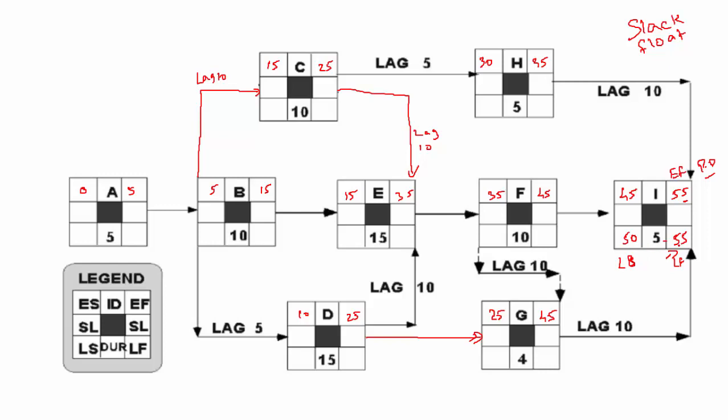Because the project is finishing on 55, it's okay to start I on 50, even though the earliest I can start is on 45. Since it's only a 5-day activity and the project is finishing on 55, it is okay to start on 50. All right, that's the backward pass for activity I.